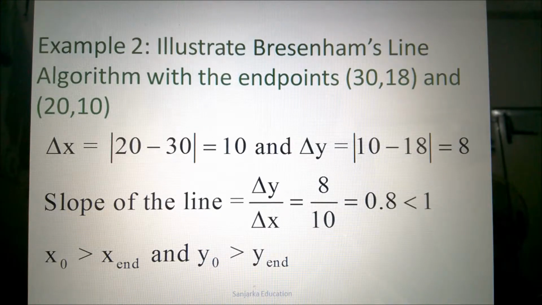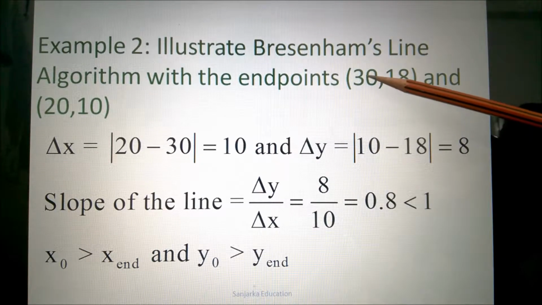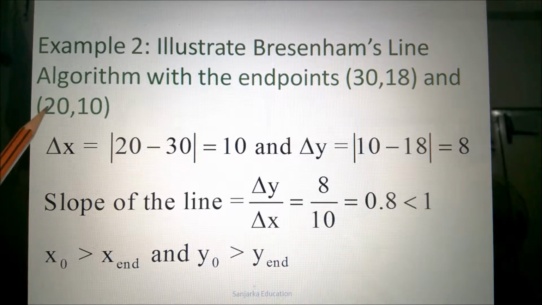Now we are taking the second example. In this case, we find delta x and delta y as in the previous example, and the slope also, which is found to be 0.8, which is less than 1. But there is a difference. In this case, you can see the initial x coordinate is 30, but the final is 20.